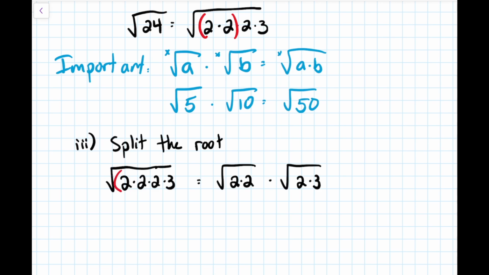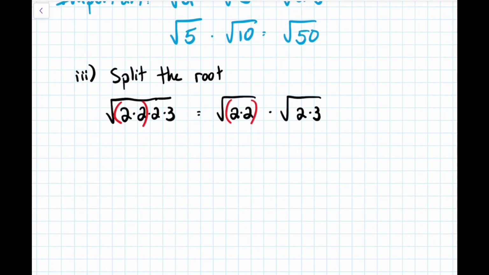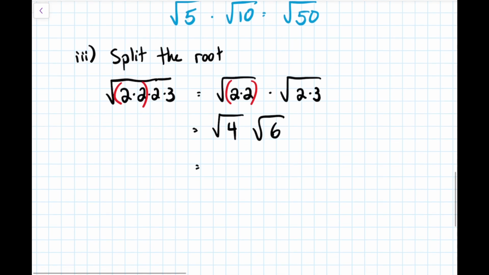And remember, we've still got that group of 2's. So 2 times 2, well, that's 4, right? And 2 times 3, that's 6. But we know what the square root of 4 is. The square root of 4 is just 2. And so what we're left with is 2 root 6.